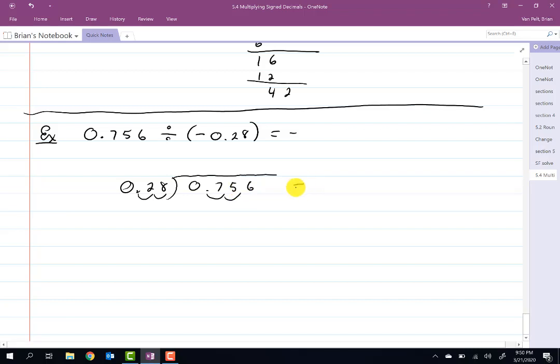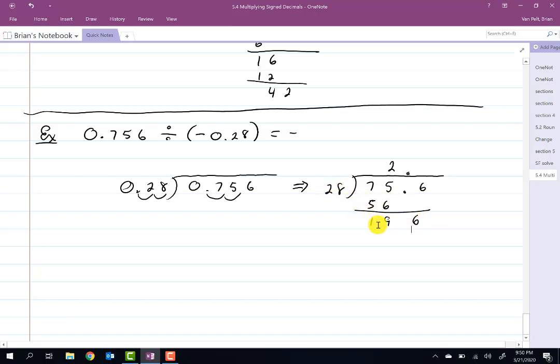But this gives us, the actual problem I'm going to do is 28 goes into 75.6. And let's see, 28 doesn't go into 7, but it does go into 75 twice. And then I bring down the 6.